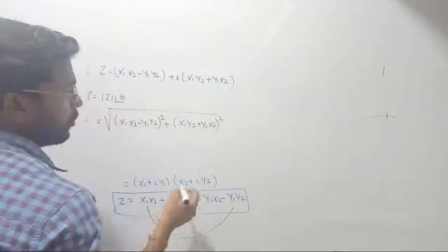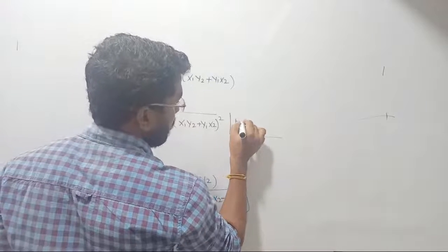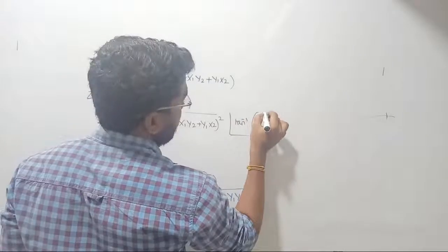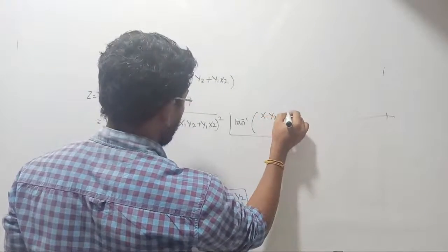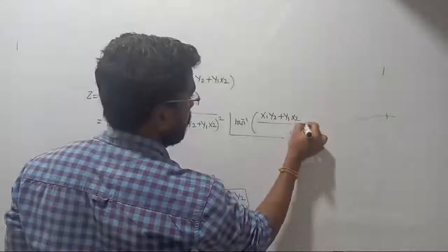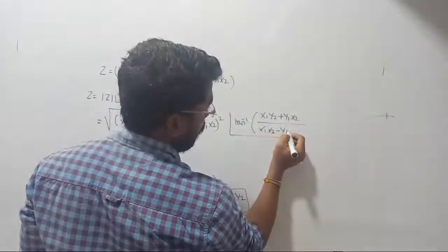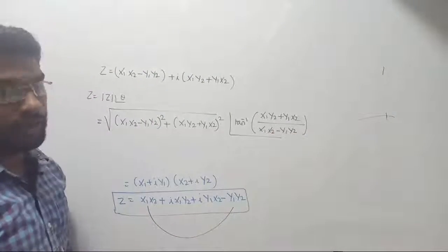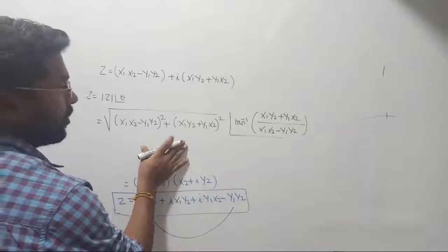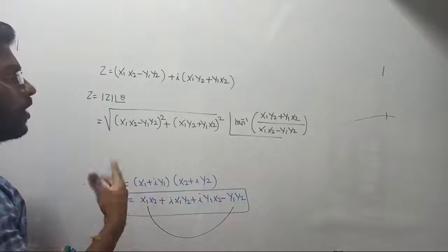Its corresponding phase angle is going to be tan inverse of imaginary by real. Imaginary is x1 y2 plus y1 x2 upon its real part x1 x2 minus y1 y2. Clear? That is how we find the magnitude and phase angle of the system when we are multiplying them.